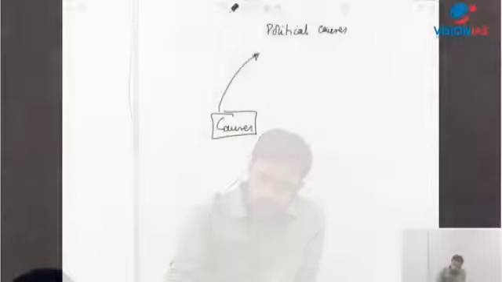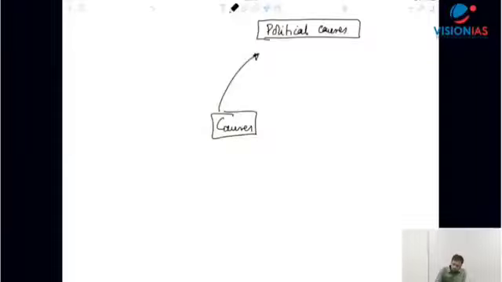Now, in terms of causes, firstly, you write the political causes. In the political causes, the first point is about the Anglo-French rivalry.